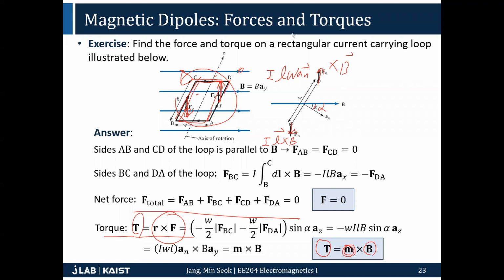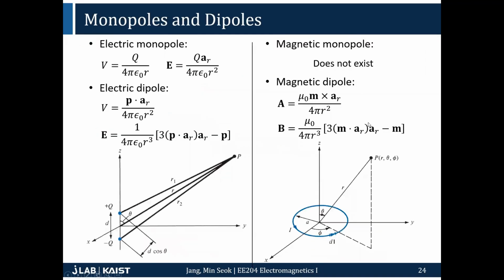And finally, here I compare again the electric case and the magnetic case. First, dipoles. As we discussed earlier, in the case of a magnetic dipole, the vector potential can be defined like this. And then if you take the curl of it, you get the B field, which looks like this. And then we already discussed the electric dipole.